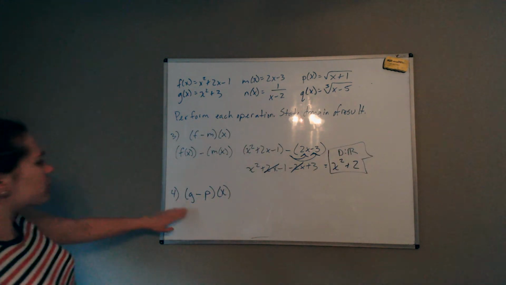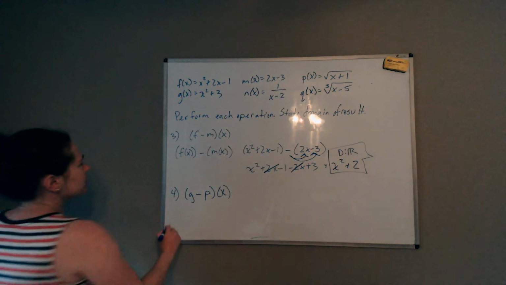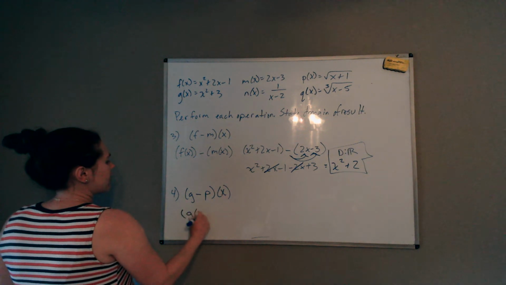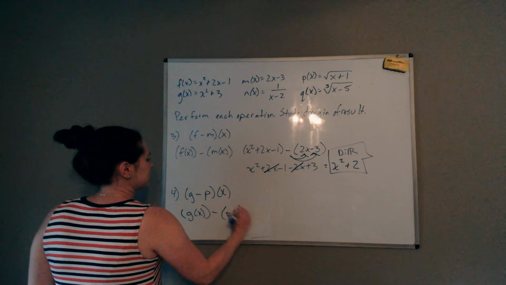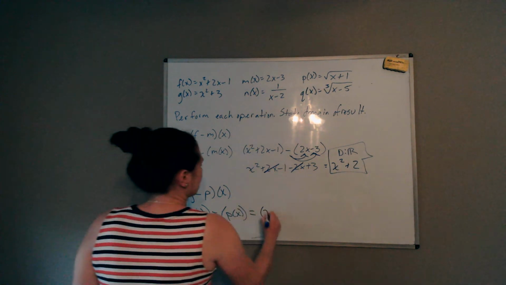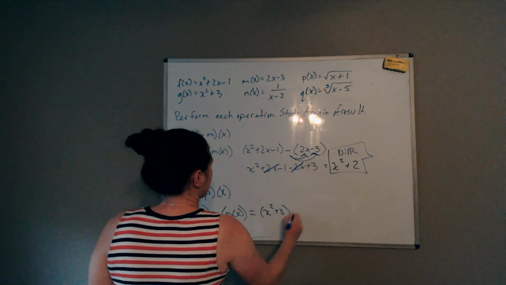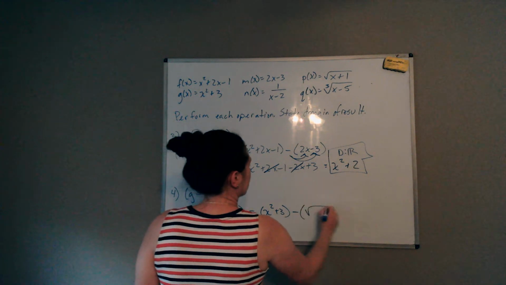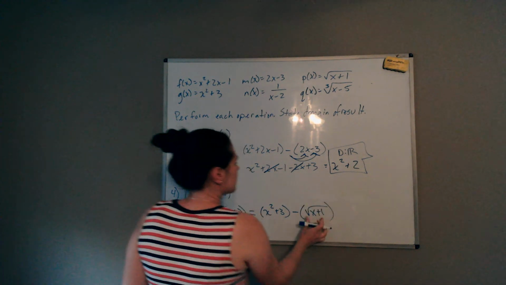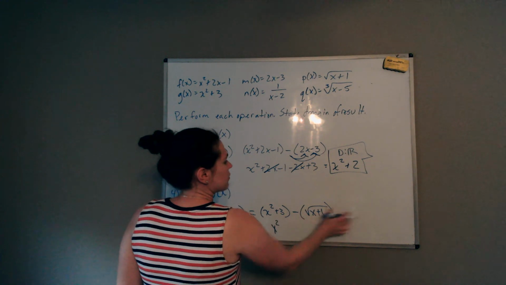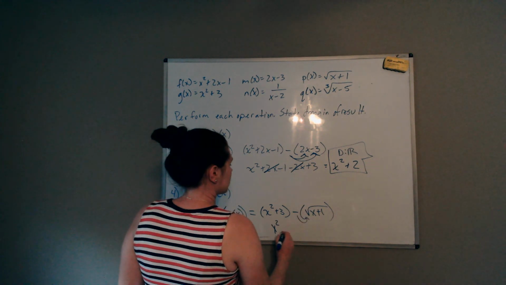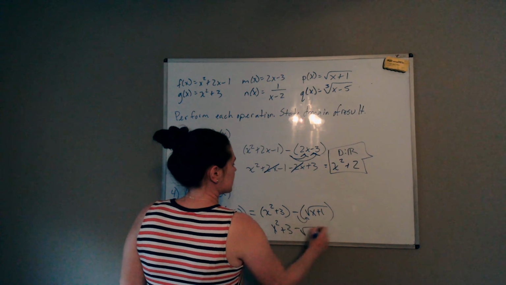Okay, number 4, g minus p of x. So this is made up by taking g of x and subtracting p of x. So this is going to be x squared plus 3 minus the square root of x plus 1. Okay, this is just one term right here. There's not multiple terms here, so we're just distributing to this term, so the negative is going to sit in front.